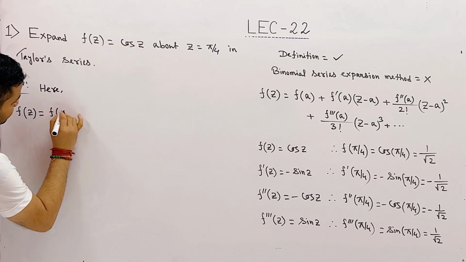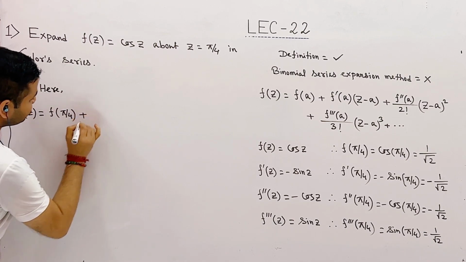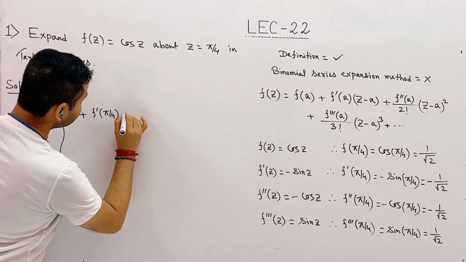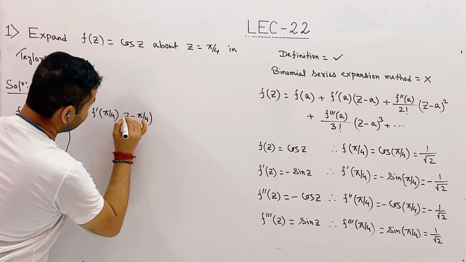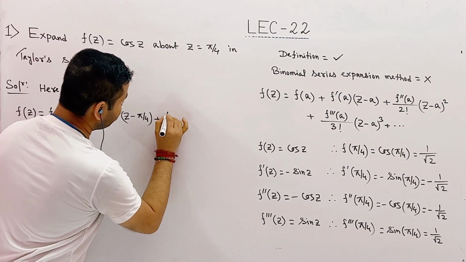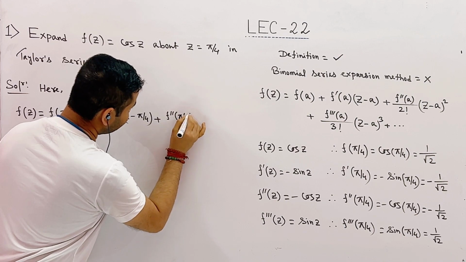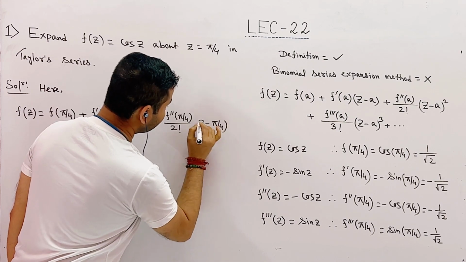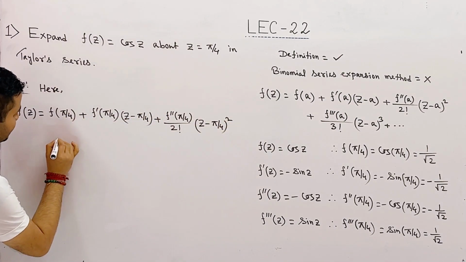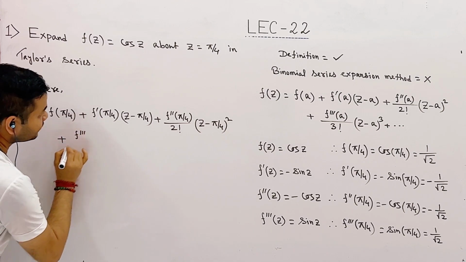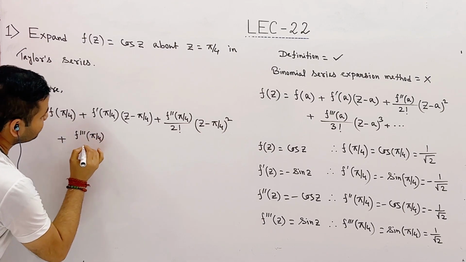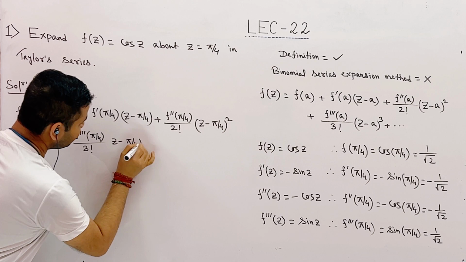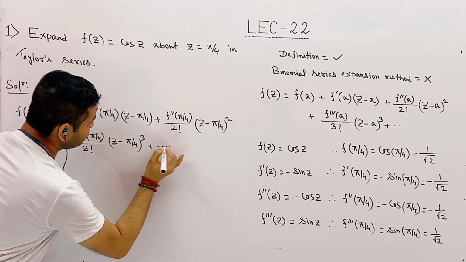F of pi by 4 plus f prime pi by 4 into z minus pi by 4 plus f double prime pi by 4 divided by 2 factorial into z minus pi by 4 whole square plus f triple prime pi by 4 divided by 3 factorial into z minus pi by 4 whole cube plus dot dot dot.